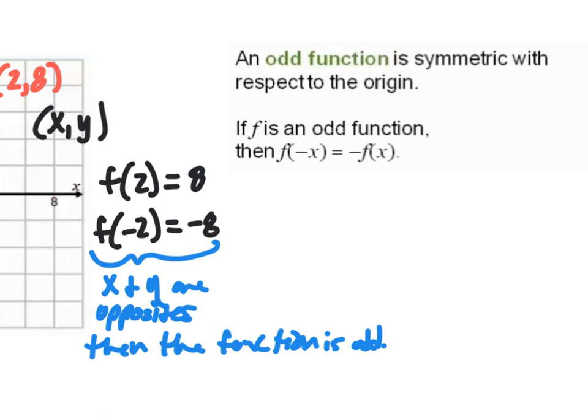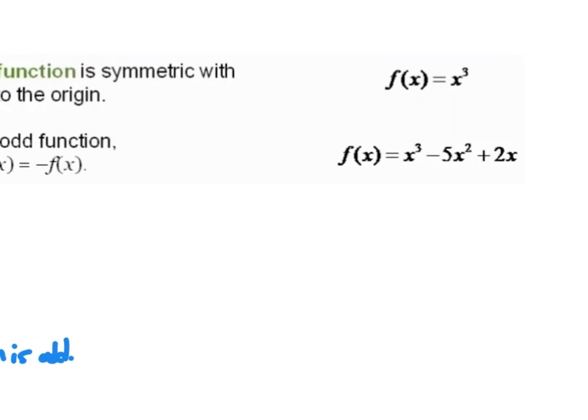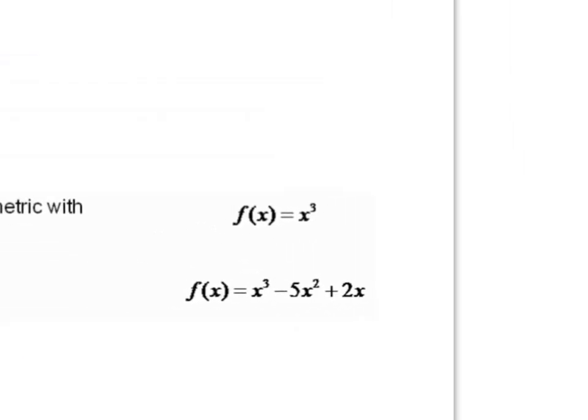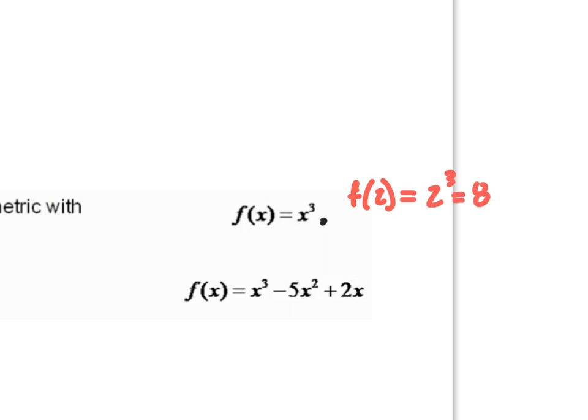And what that means is that you plug in your normal value of 2, you get positive 8. You plug in a negative 2 value, the entire thing becomes negative, okay? So we can come over here to these examples and say, okay, which one of these is odd? So if I plug in f(2), that means I'm taking 2 cubed, which gives me positive 8, okay?